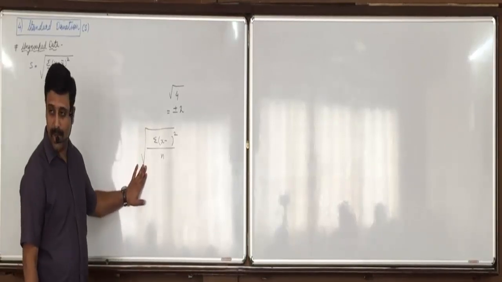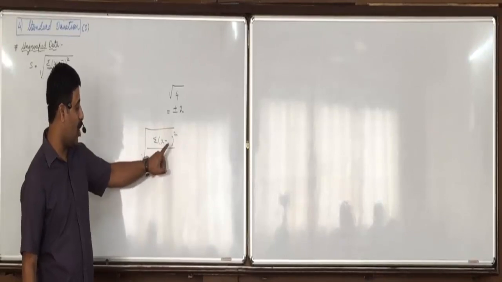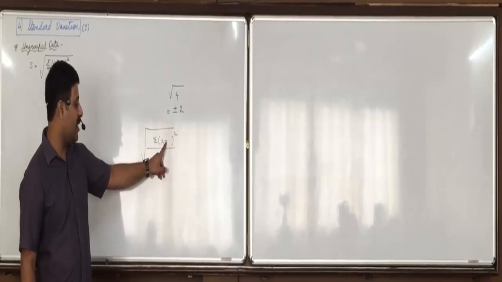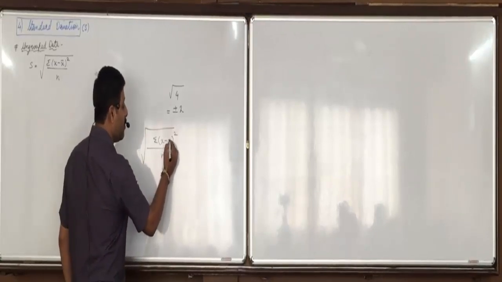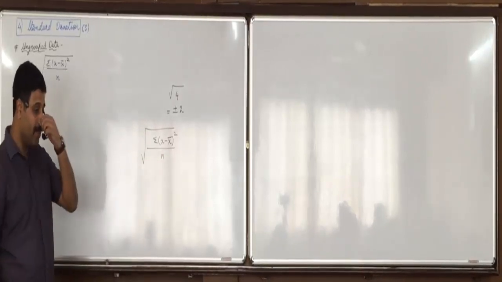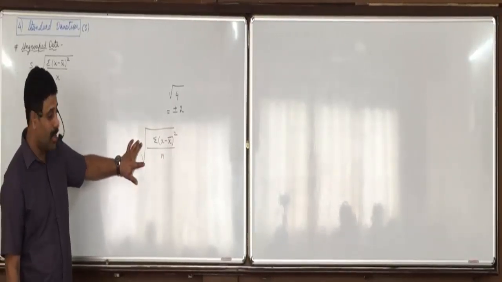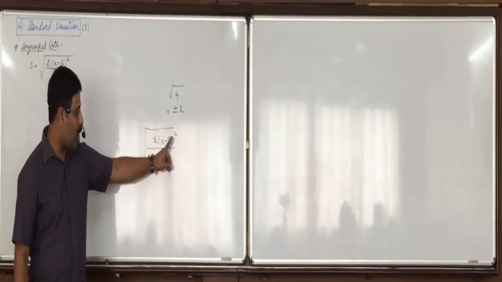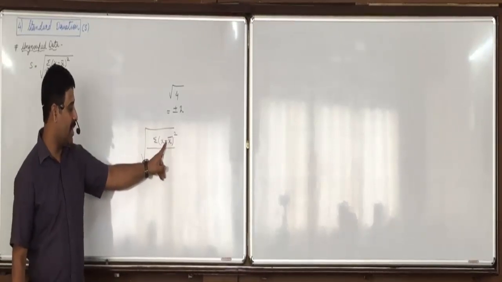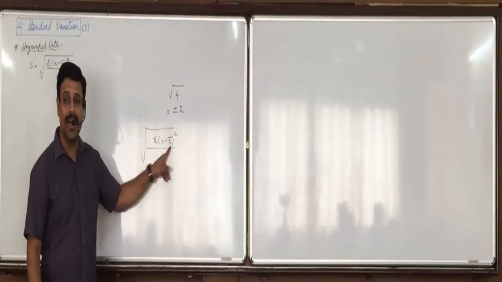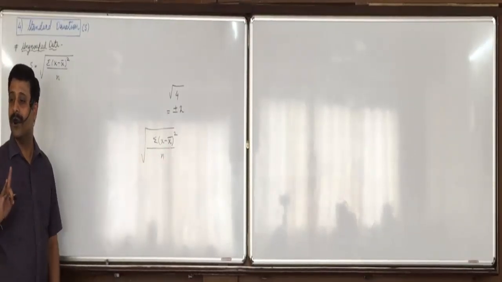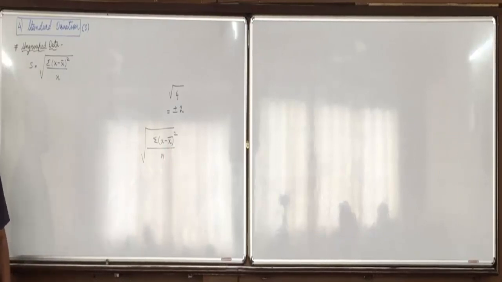Positive square root of average of squares of deviations of all the observations from arithmetic mean. I told you you'll also be able to speak that.